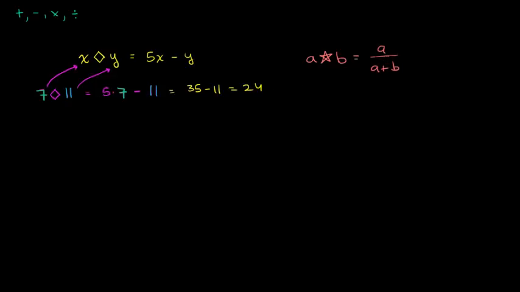What would 5 star 6 be? Well, you go back to the definition. By definition, every place where you see the a, you would now replace with the 5. Every time you saw the b, you would now replace with the 6. So this is going to be equal to 5 over 5 plus 6, a plus b. A is 5, b is 6, over 5 plus 6. So this would be 5 11ths.